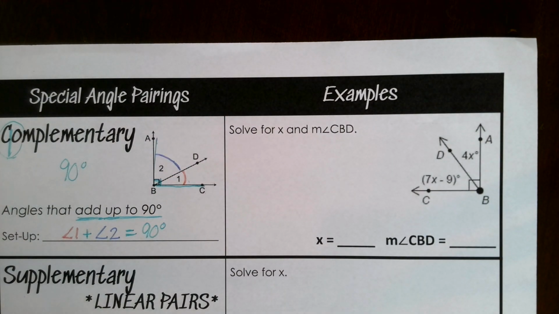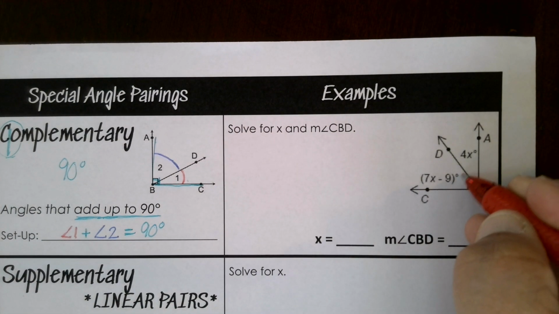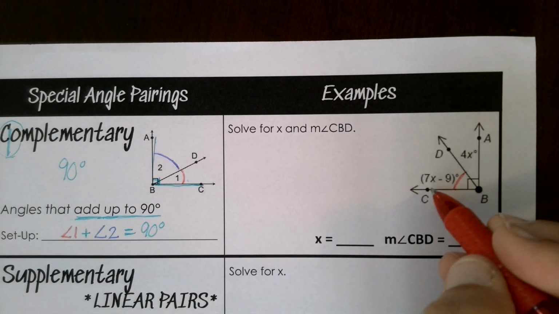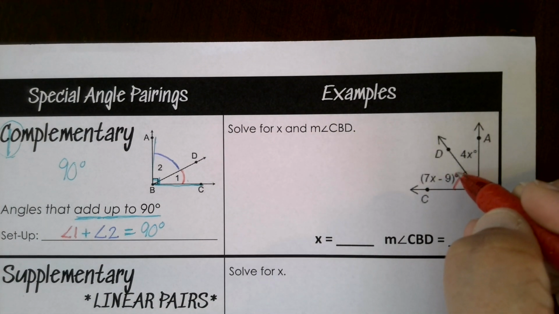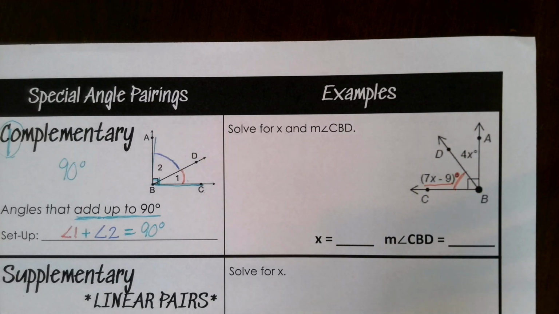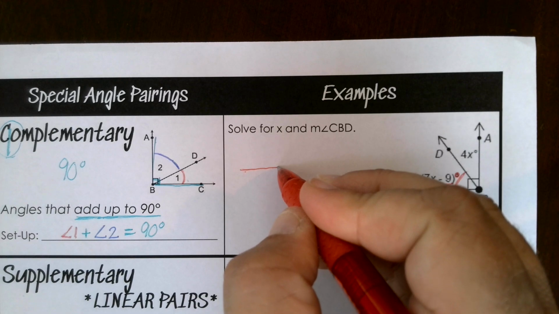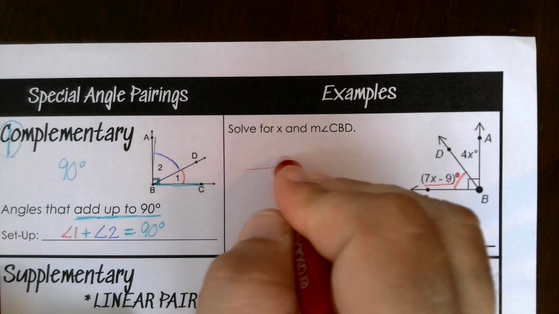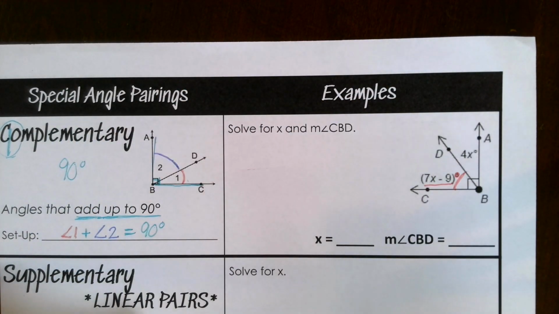So our first angle, doesn't matter which one we pick, I'm going to say it's this one. This whole thing, do you see how there's a little degree symbol here? Everything in front of this degree symbol is the angle measure. So angle 1 is going to go right here, and we have to add them together, right?